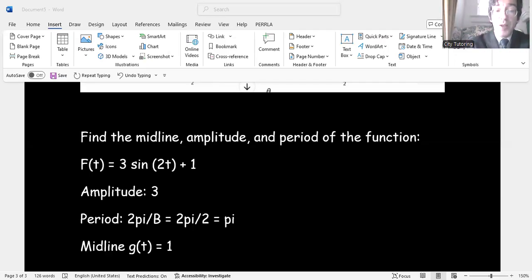All right? So the amplitude, the midline, and the period, when you combine them with vertical flips, it's enough to allow you to write equations for a large number of sinusoidal situations. Now a practical application would be as follows. They give you a graph, right? And it would say something like, write an equation.